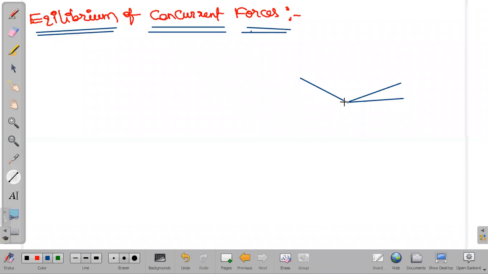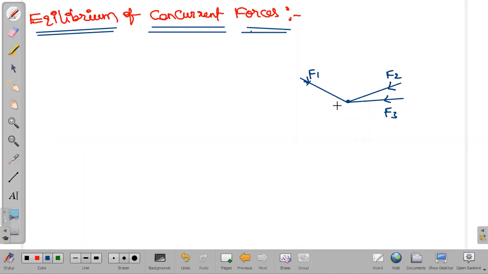Suppose we write these as F1 and F2. These three forces are acting at the same point, and such three forces can be taken as concurrent forces. Why we are dealing with this is, if a number of forces act, what will be the resultant? That has to be known. Further, we are going with it.